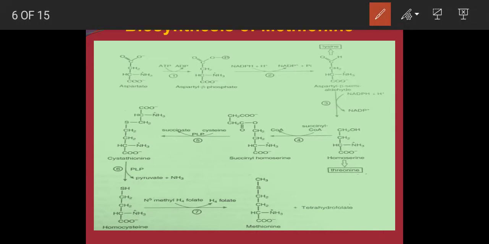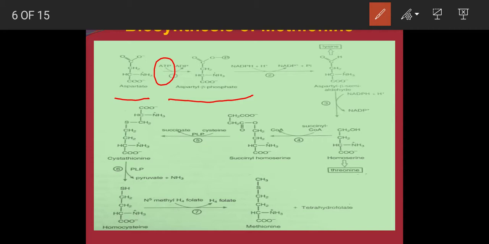The biosynthesis of methionine starts with the activation of aspartate by ATP. This activation of aspartate occurs in the presence of enzyme aspartokinase, and the product formed is aspartyl beta phosphate.